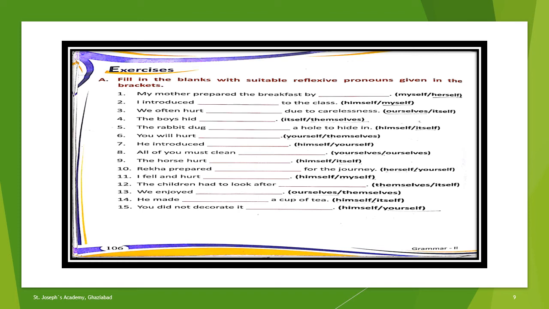Sixth point, you will hurt dash. The options given are yourself, themselves. As you is in the singular form, so the reflexive pronoun will also be the singular form. So answer will be yourself.